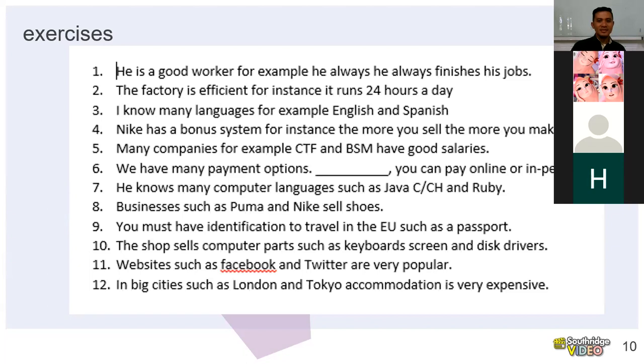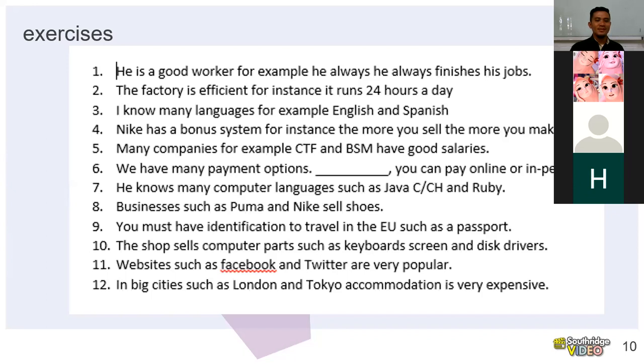For instance, there should be a comma, sir. Yes or no? What do you think? Is it good or not? Right. The factory is efficient, full stop. For instance, F should be a capital letter. For instance, comma, it runs 24 hours a day. Okay, very good.